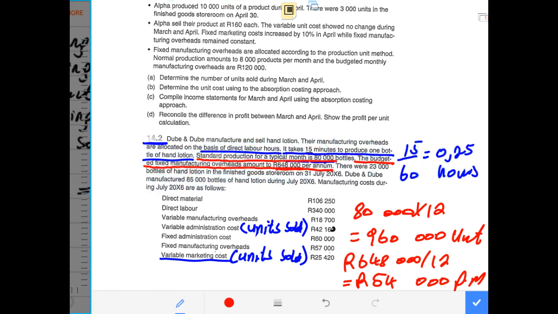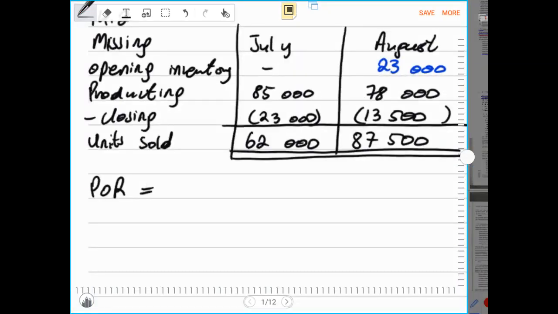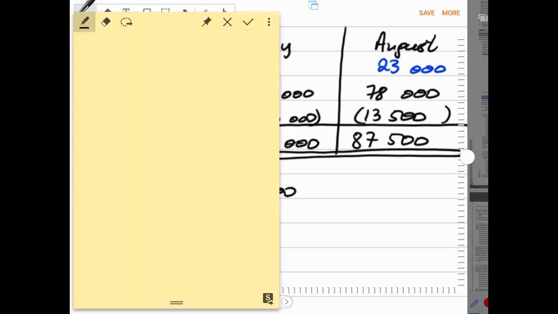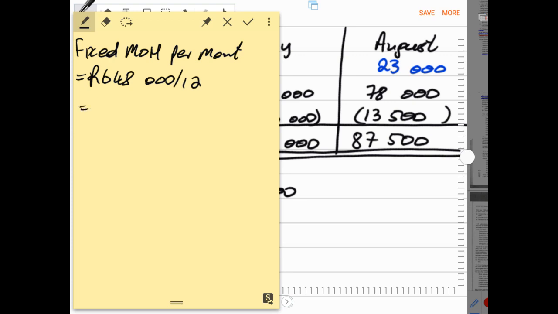So our POR will be budgeted fixed manufacturing overheads, which is 54,000 rands per month. Remember, I am using the 54,000 rands fixed overhead, which is 648,000 divided by 12.